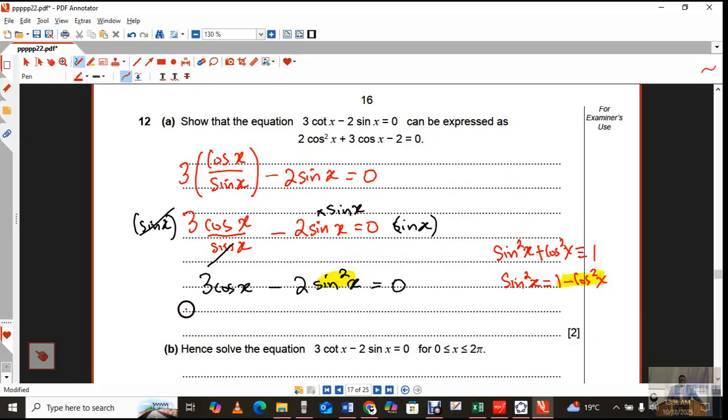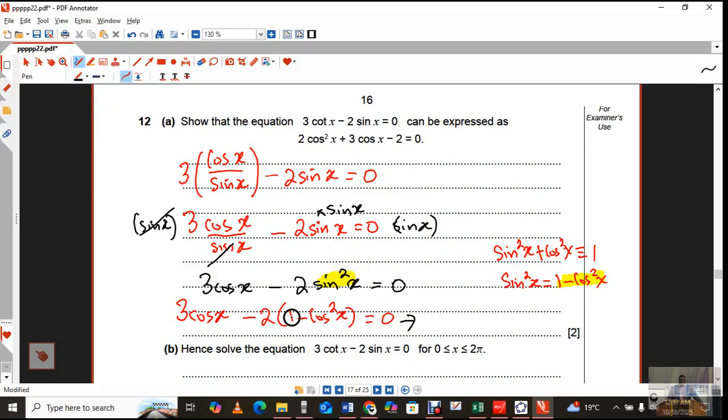So at the end of the day I have 3 cos x minus 2 times 1 minus cos square x, which equals 0. I'm running out of space, so I'll continue here.